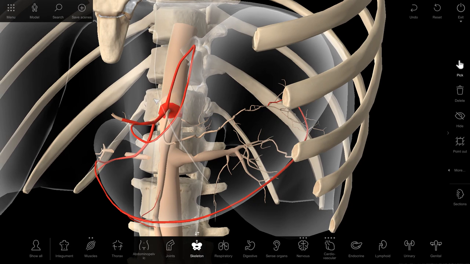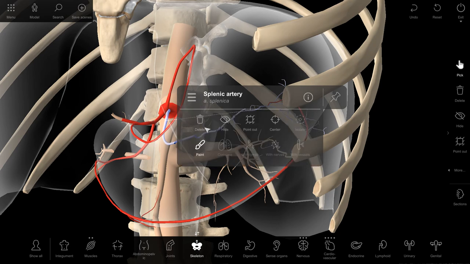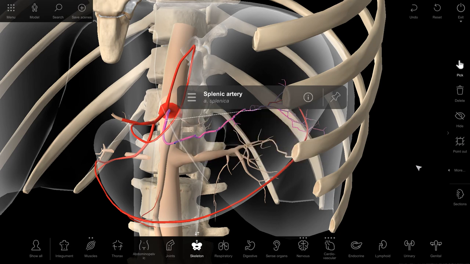So here it is, the celiac trunk. Again, it has three main branches. Left gastric branch, common hepatic branch, and splenic branch, or splenic artery. Here it is, splenic artery. I also paint it.